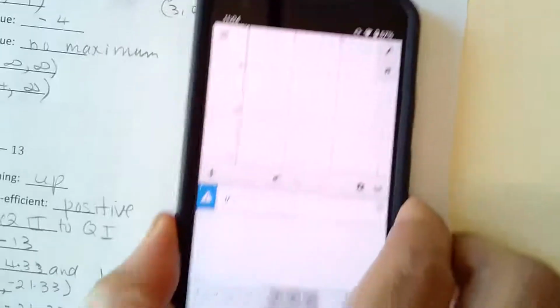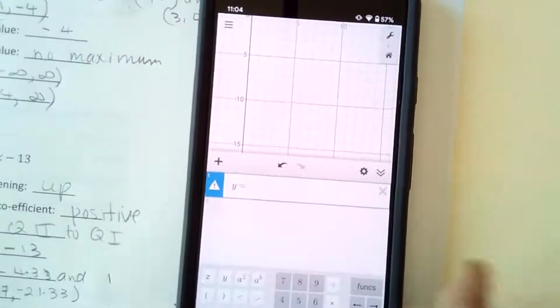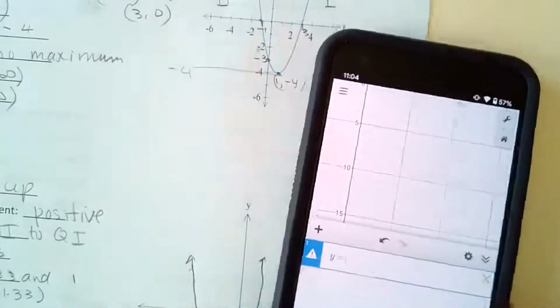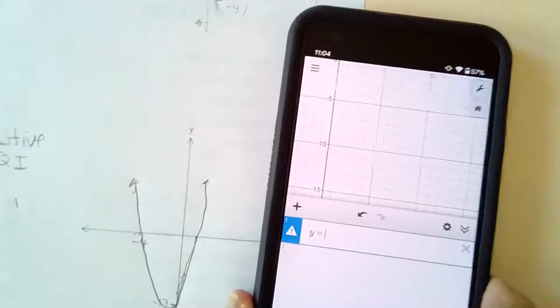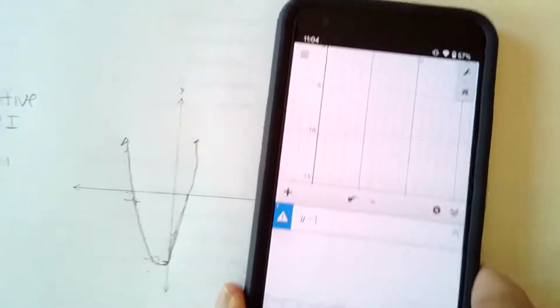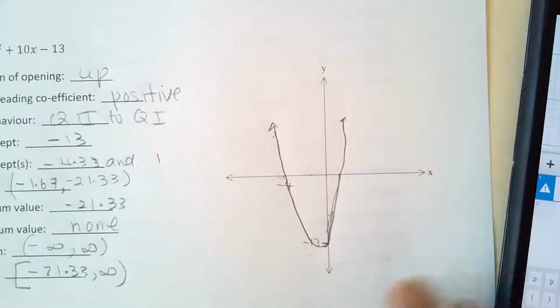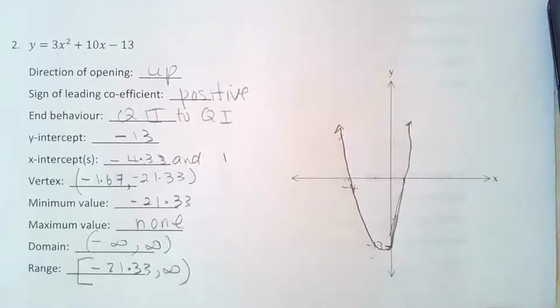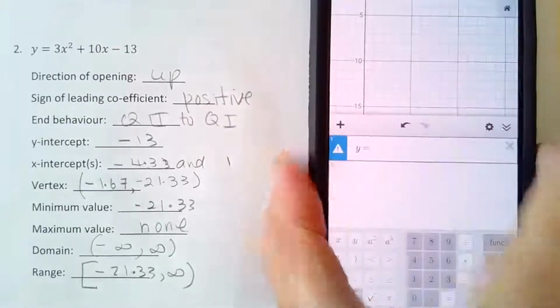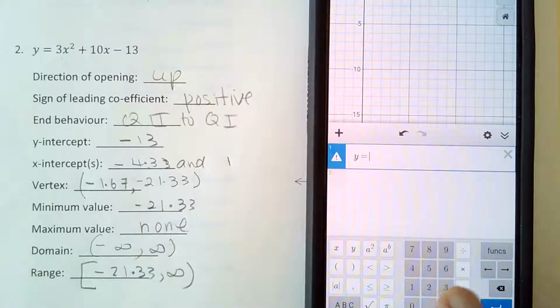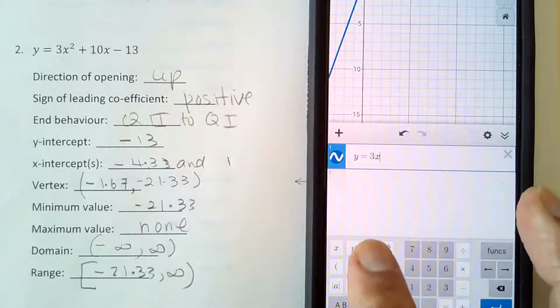I'll show you how easy it is with Desmos compared to the graphing calculator when it comes to functions.